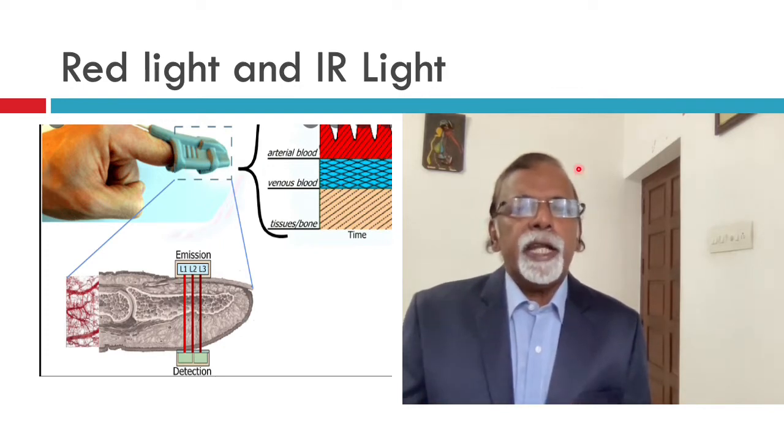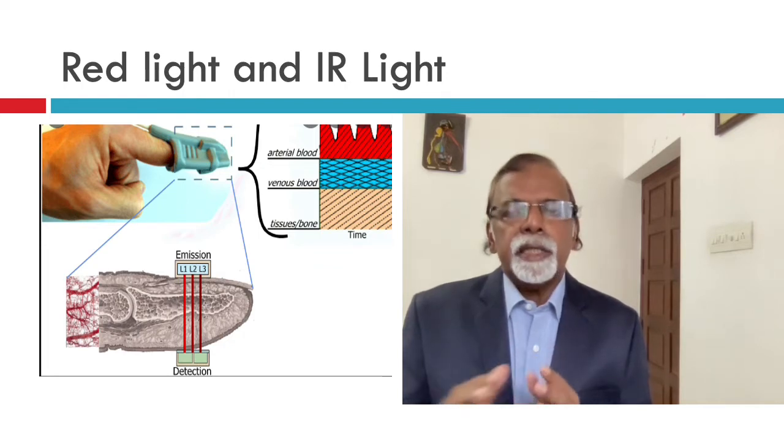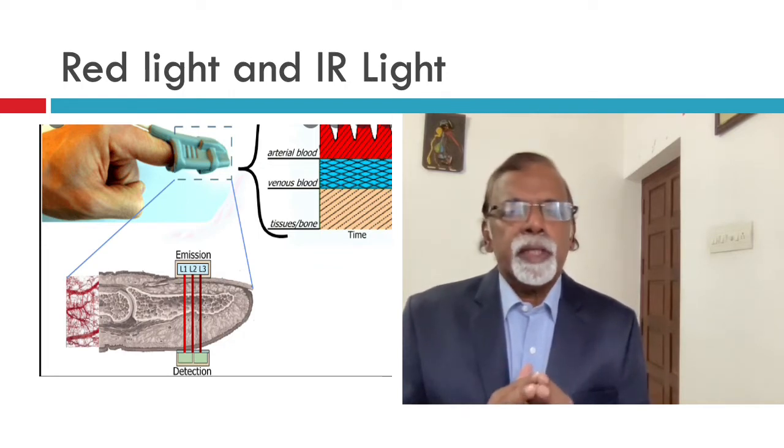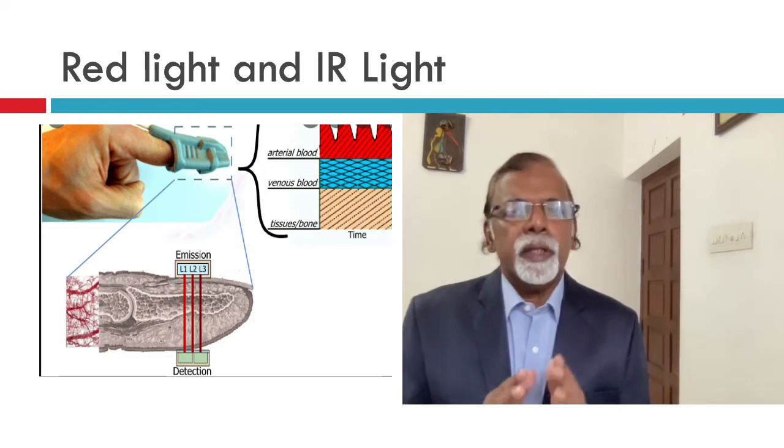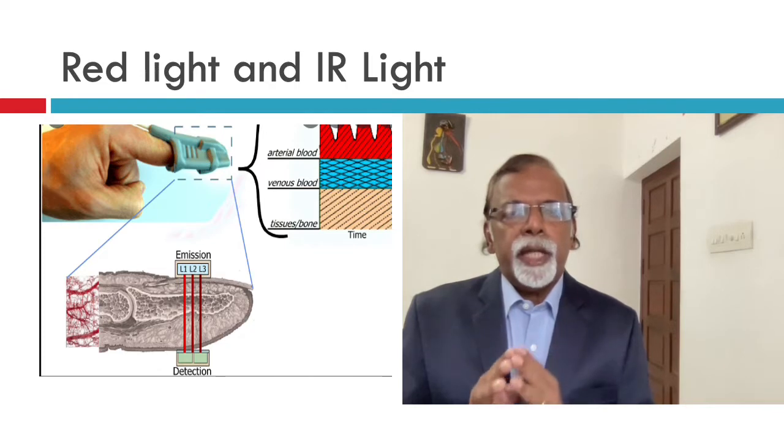There is infrared light also passed through. The red light is in the wavelength of 660 nanometer, and the infrared light is in the wavelength of 940 nanometer. So remember this: 660 red light and 940 infrared light.